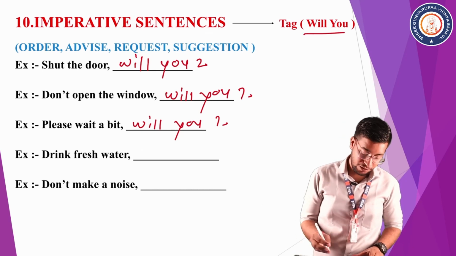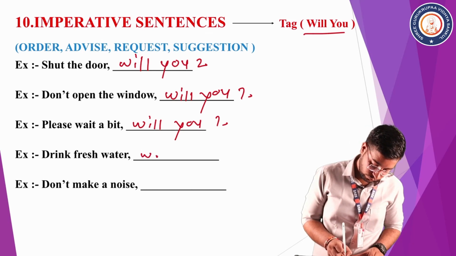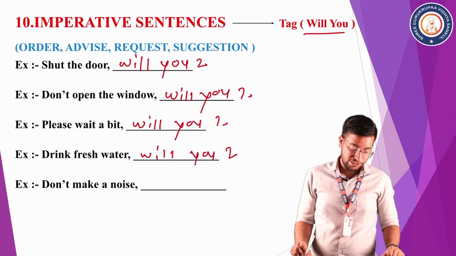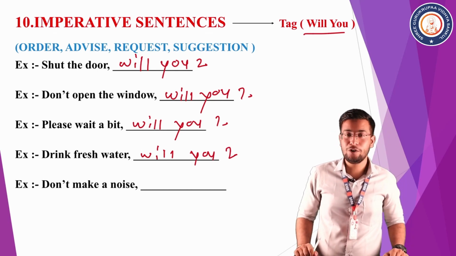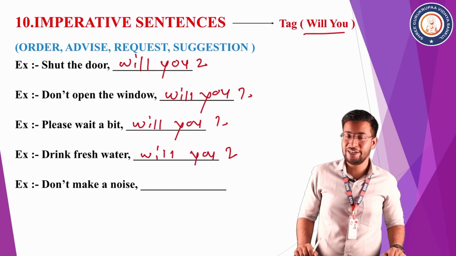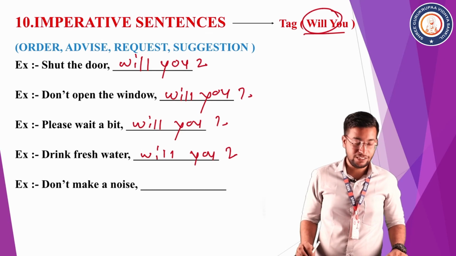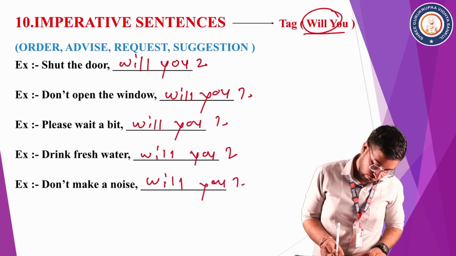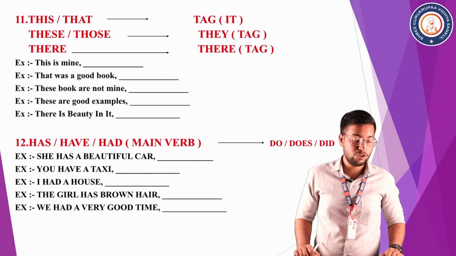So this will become, drink fresh water, will you? Our next example is, don't make a noise. You are ordering someone. So this is an example of an imperative sentence. And if there is an imperative sentence, we use "will you" as a tag. So it will become "will you".